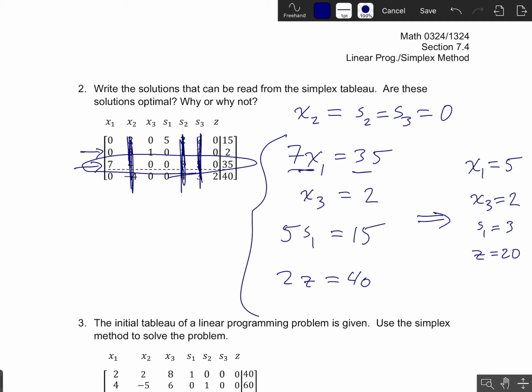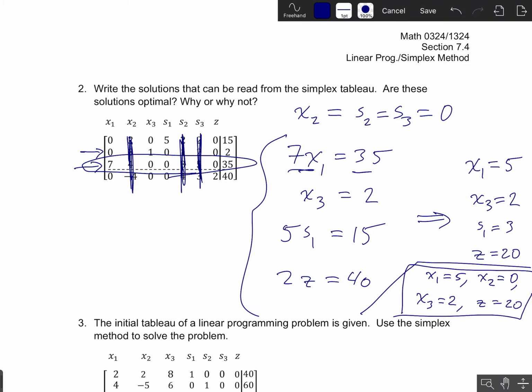Now it's typical whenever we write down these problems' solutions for us just to report the initial variables that we started with, so x1, x2, x3, and then z, which is the value that we wanted to optimize.